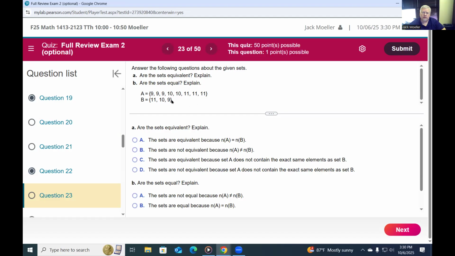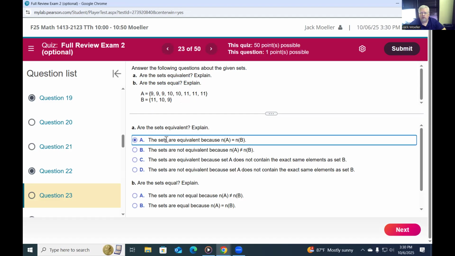B is 11, 10, 9. So are they equivalent? Well, if you look at it and say no, because A has 8 elements and B has 3, then you're overlooking the fact that when we're talking about the cardinality, the number of elements, it's distinct elements. So A only has 3 distinct elements because we're not counting repeats. B has 3 elements, so those are equivalent.